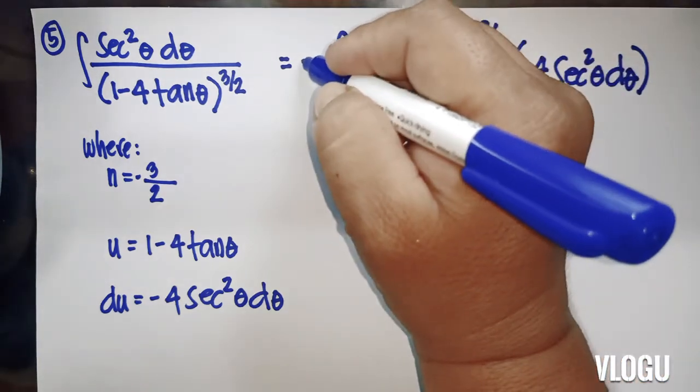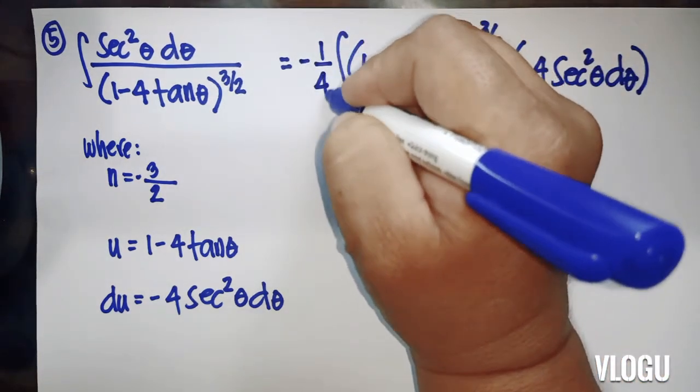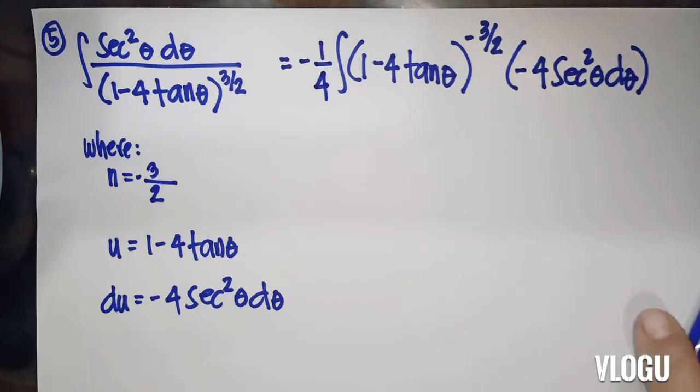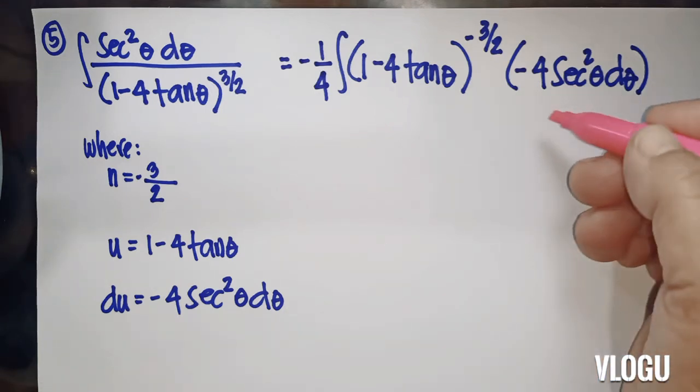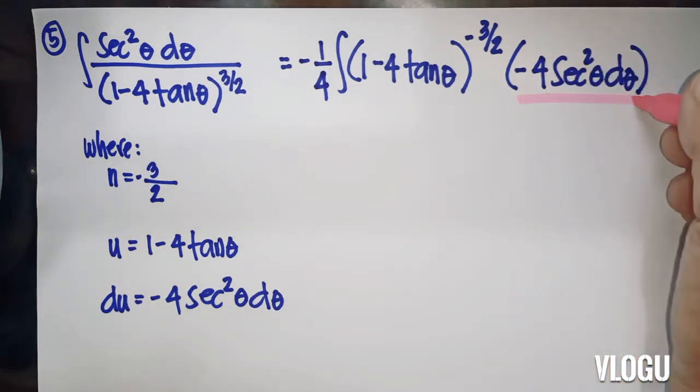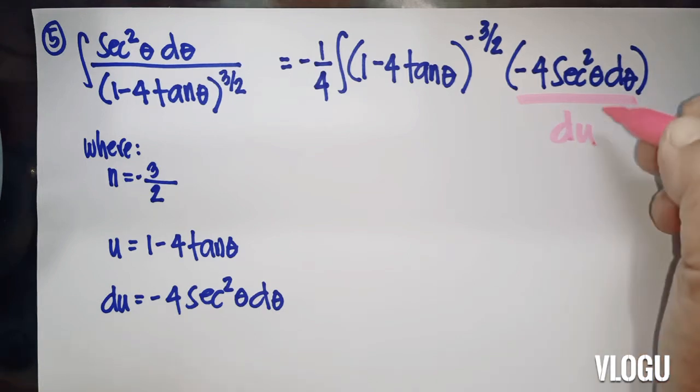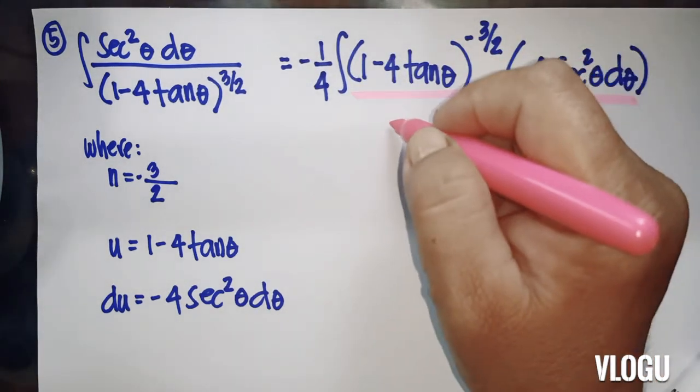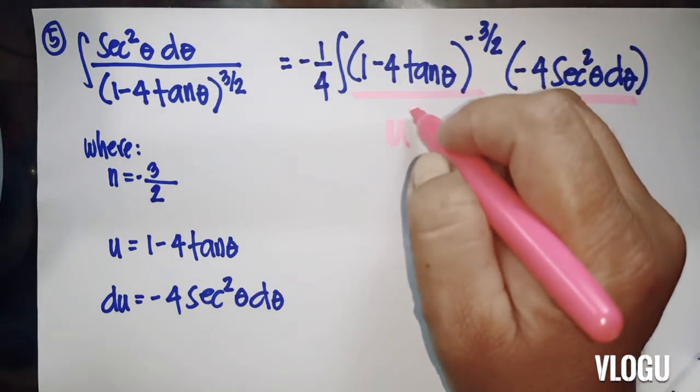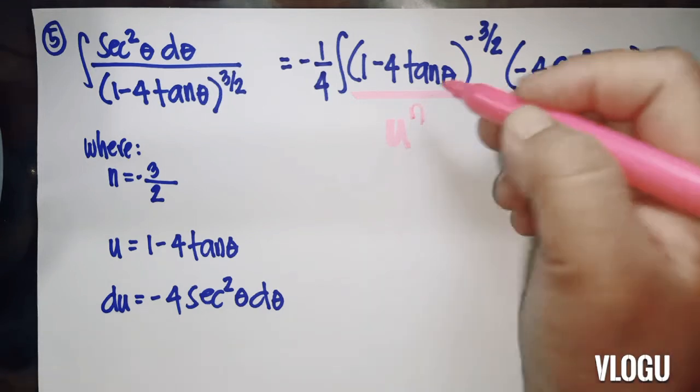So we have negative 4 here, multiply by negative 1/4. So that is now a complete form. This is now our du, and this one is our u to the n.